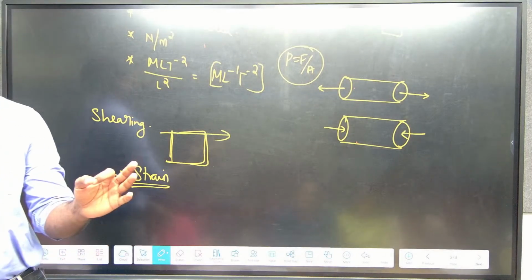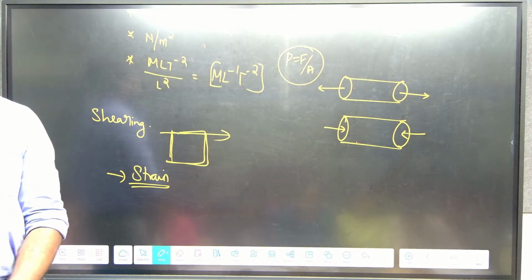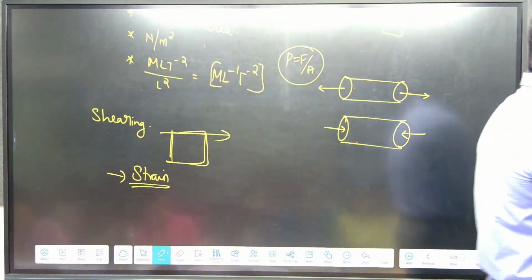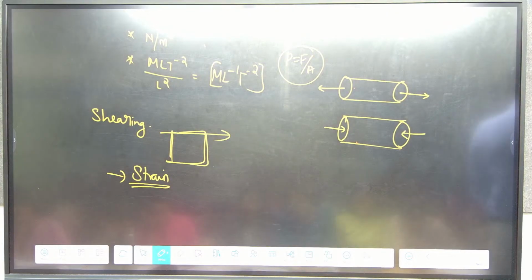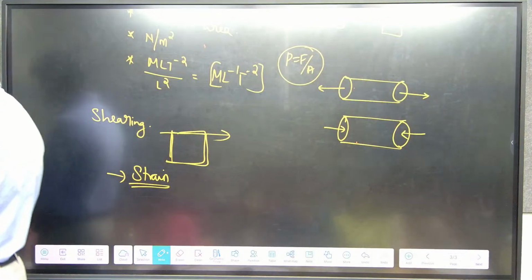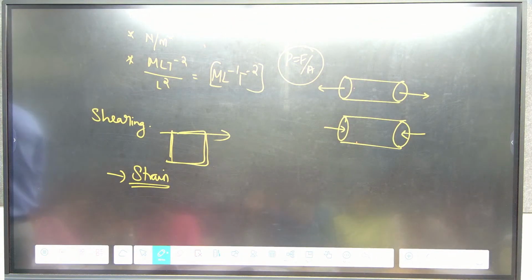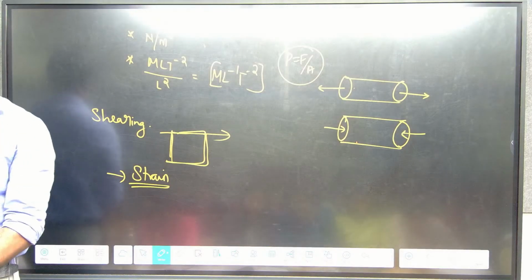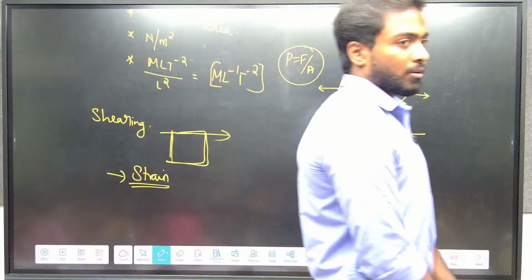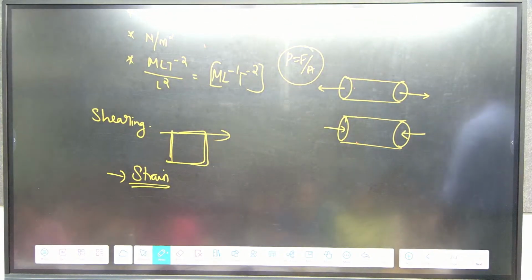So three stresses and three strains. Write the types: the first one is normal or longitudinal, the second one is tangential or shear, and the third one is volumetric or bulk.